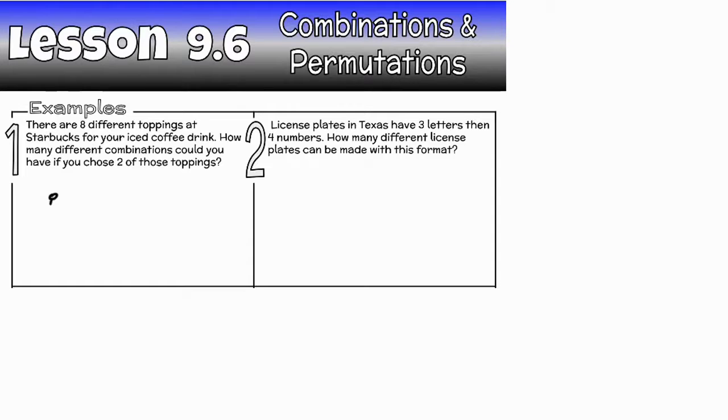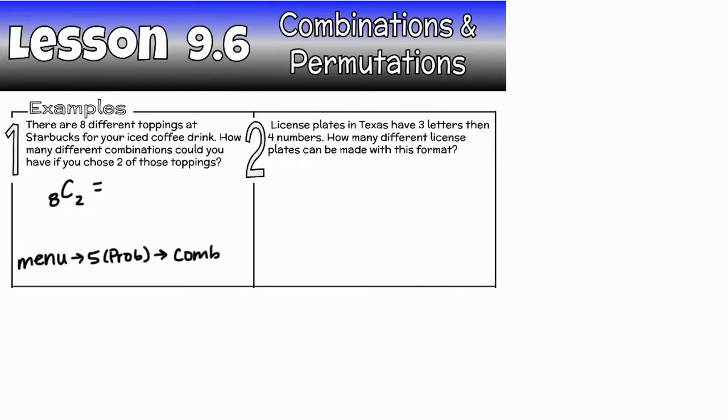So it'll be 8 C 2, because you're choosing 2 of those. That's what the piece looks like. You could plug that into the formula, or into your calculator. Here are the keystrokes: from the calculate menu, press 5, which is probability, and then type in a combination.